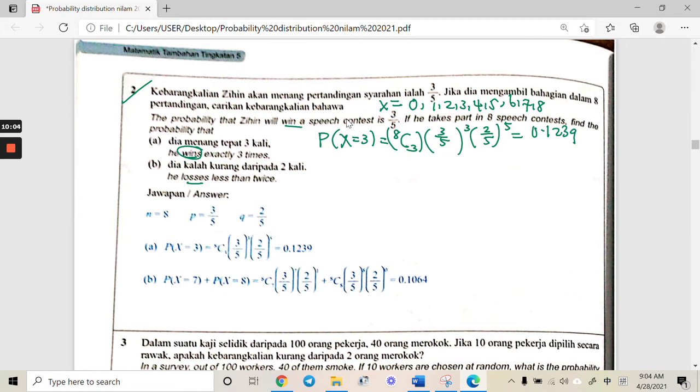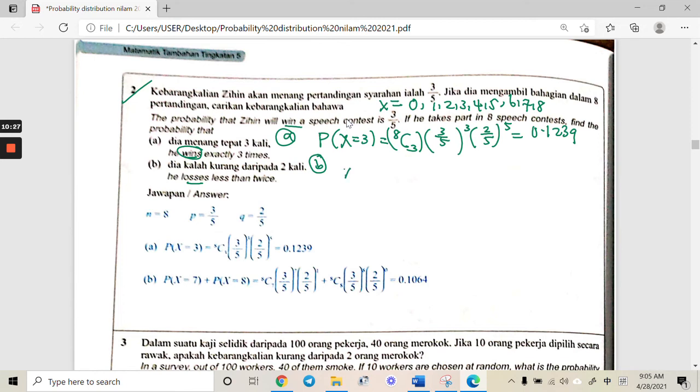Okay, for question B, you can have two different methods to do. Loss less than twice. If you do in terms of win, meaning that loss less than twice, meaning that win 7 or 8 times, then you do like this. Last time when I was a student, if I use this method I feel very confused, so what I do is I will always follow the question.